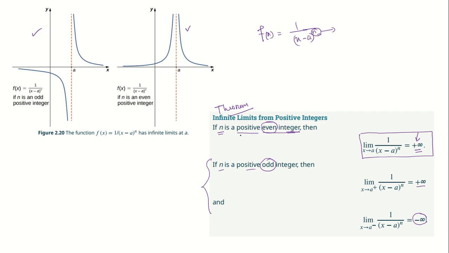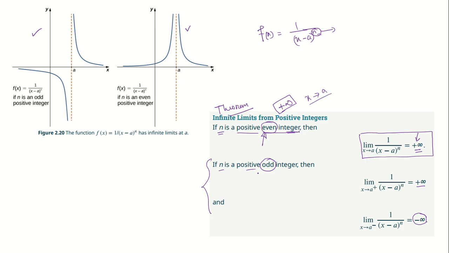If n is a positive even integer, then we will always get positive infinity when x approaches a.